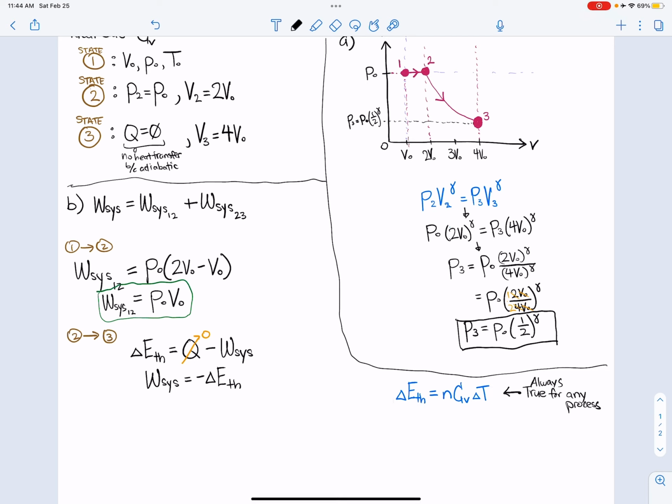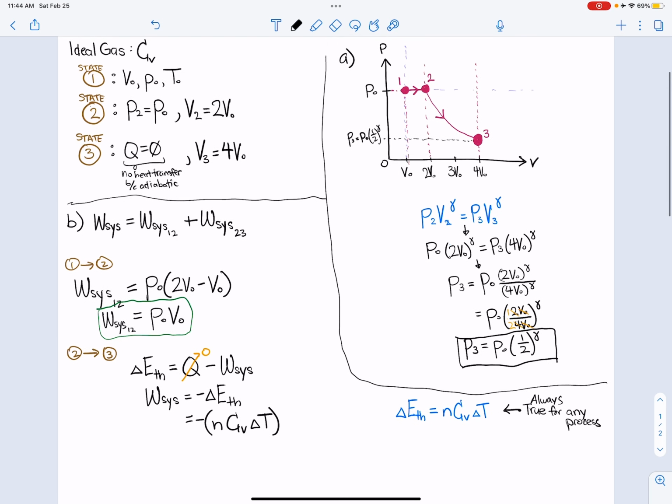So now that I know that, I could plug that back in here for my change in thermal energy. So I would get that this is equal to, don't forget the minus sign, negative N CV delta T, right? I want to end with whatever values they gave us.